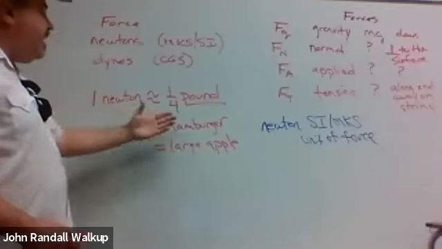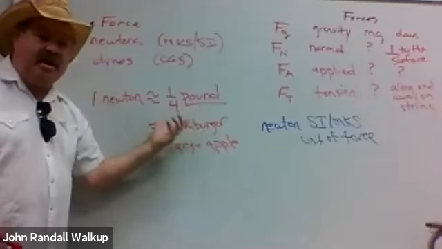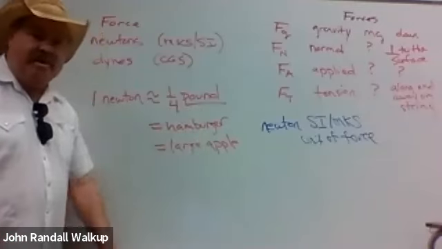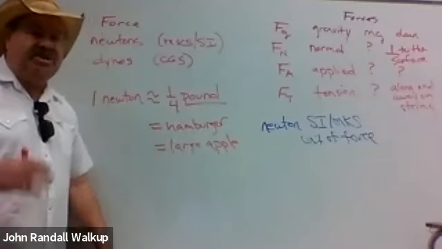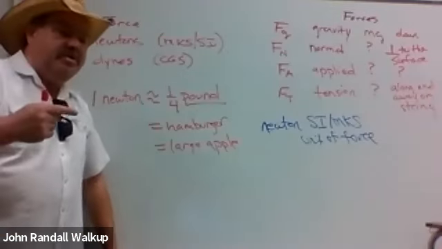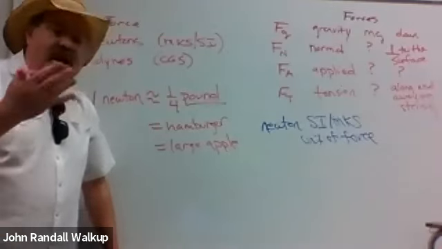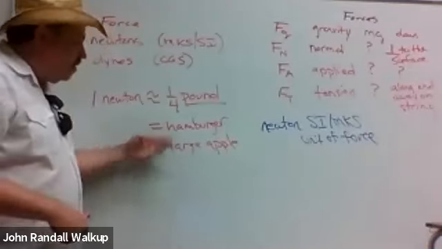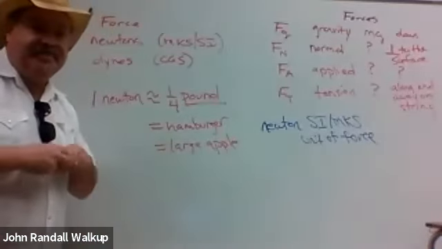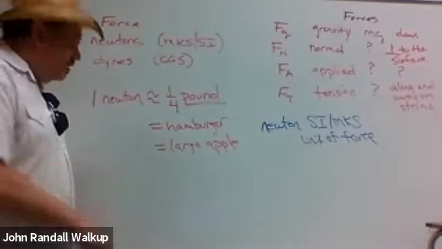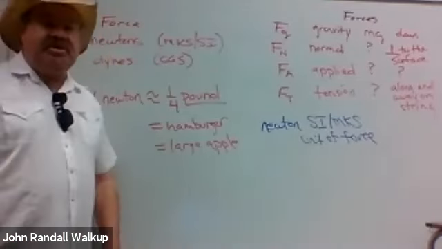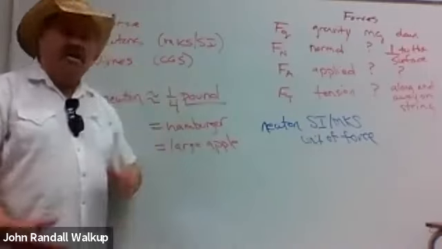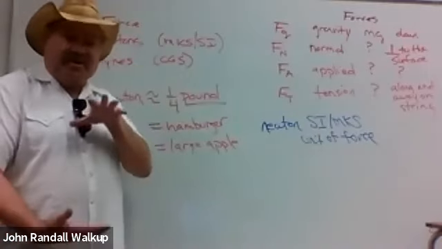Make sure you get an idea that an object that weighs about a newton is like a hamburger or maybe a large apple. All right. So 20 newtons, which we had in here, is kind of like one of those small bags of apples.